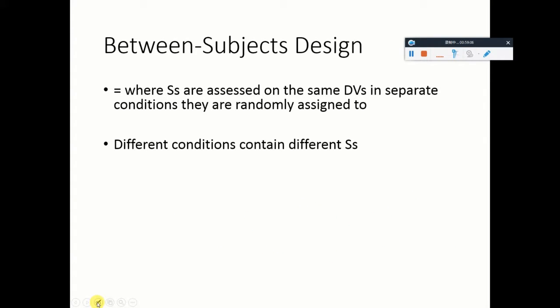So conditions in this sense, we can have a formal definition then, right? Conditions will then be the results of a manipulation. And that is by manipulating an independent variable, we will have at least two conditions, right?